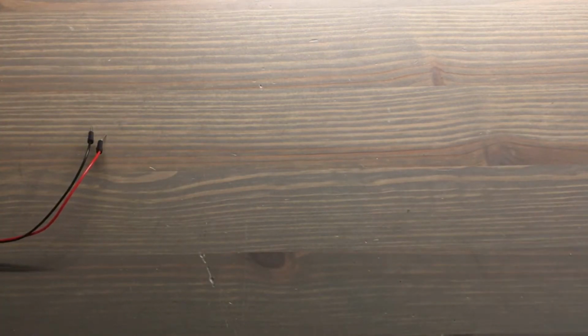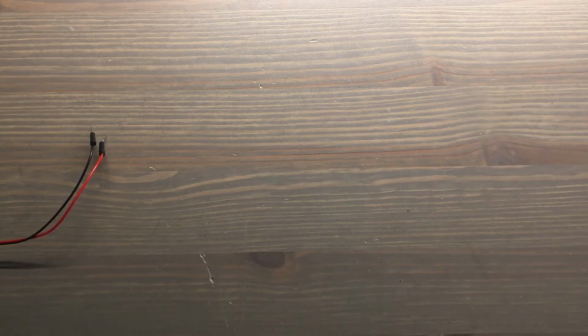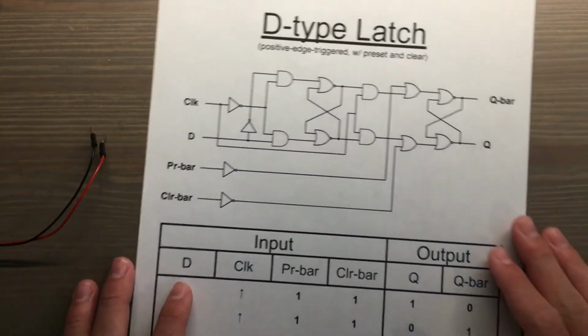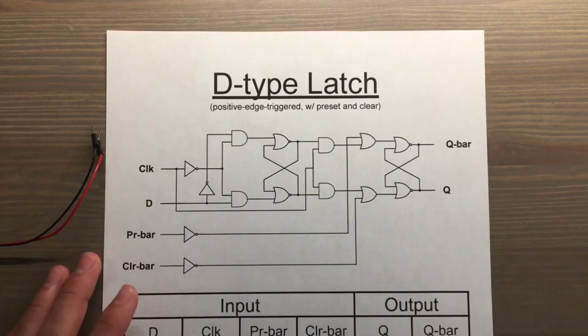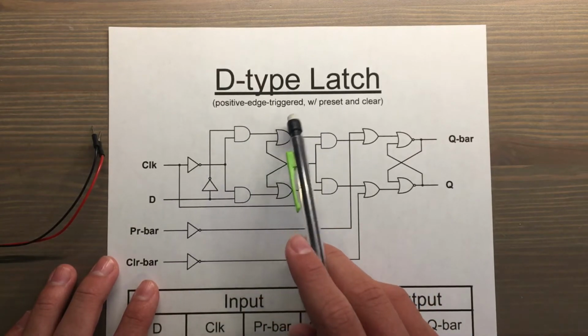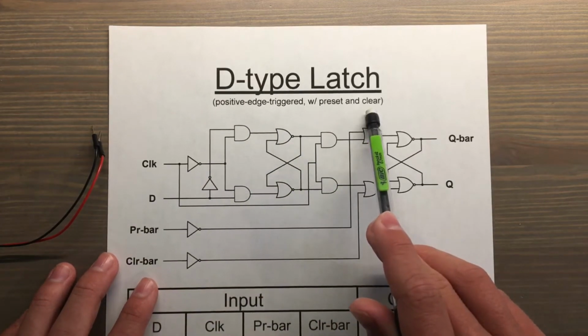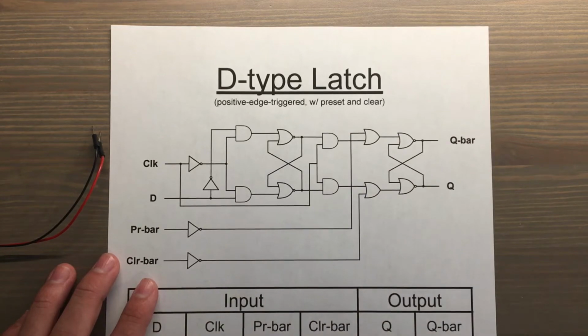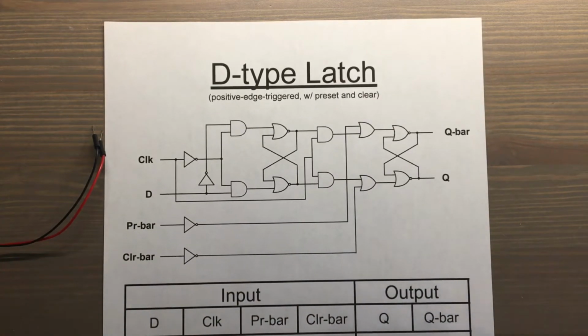And the final iteration we have here is a little more complicated. As well as it being positive edge triggered, we also have a preset and a clear. The reason I have this last circuit, it's not that much more useful, and we probably won't really need it.